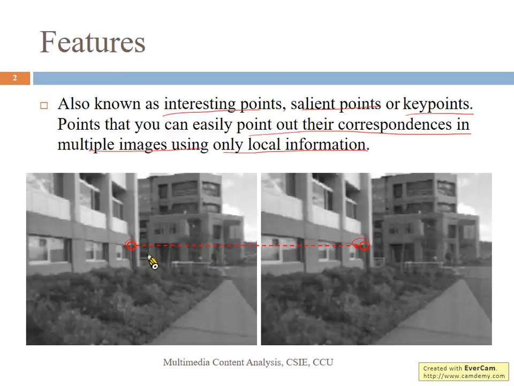For such a case, this point would be a good candidate for a key point, because we can use such key points to compare or match these two images. But how about the blue circle? Actually, the blue circle is not a good key point because it is in a smooth area. This area may be matched to this point, maybe this point, or maybe this point.